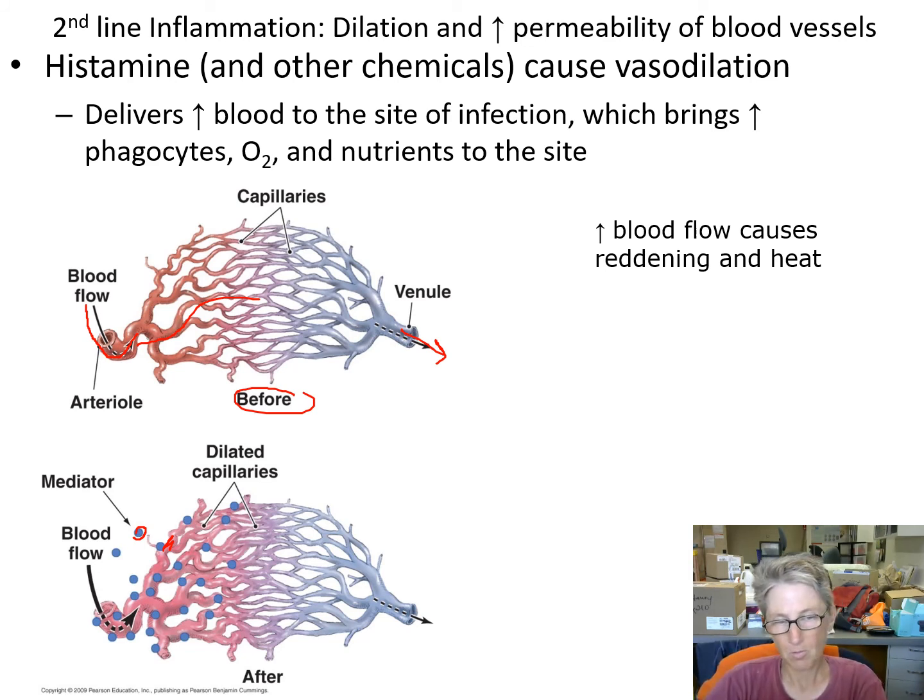The smooth muscle cells relax and the capillaries and arterioles dilate or get bigger, and you have increased blood flow through the capillary. This increased blood flow in the capillaries causes reddening because you've got more volume of red blood flowing through these arterioles and capillaries, so you can kind of see that through light skin. And then heat, because you've got this rush of blood now with these dilated arterioles, and that feels warm to the touch.